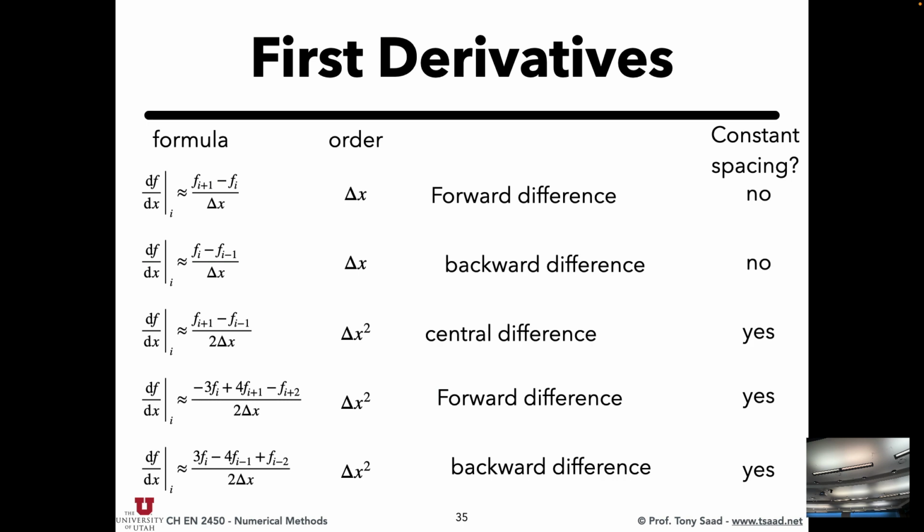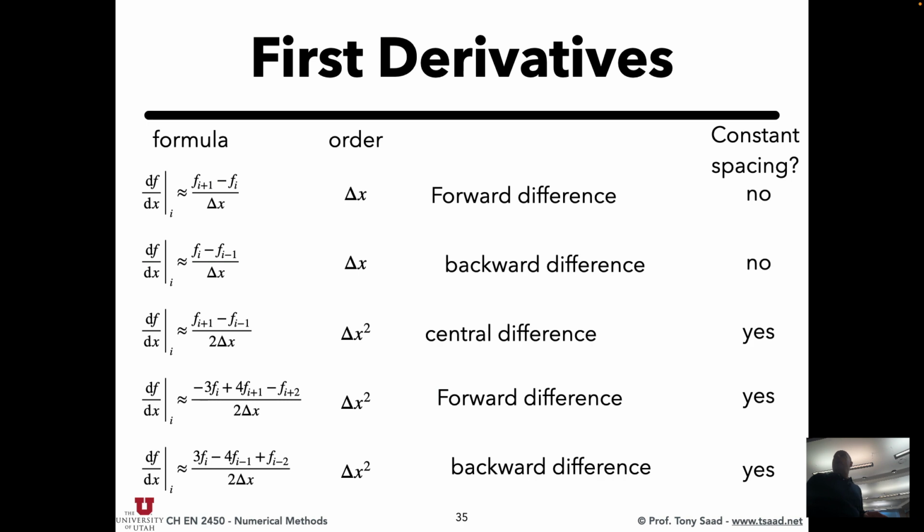So if you're at the left end of the data, you use point i plus 1 and point i plus 2, and you get a second order approximation. If you are at the other end of the data, you use f i minus 1 and f i minus 2. So it's a higher order backward difference, and it's second order. Then you can use second order everywhere, which makes your method consistent, and you're not going to pollute your data with lower order errors.